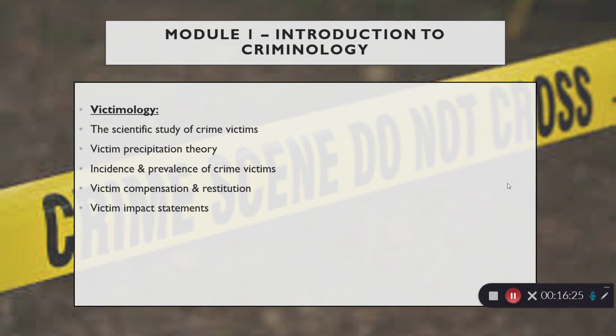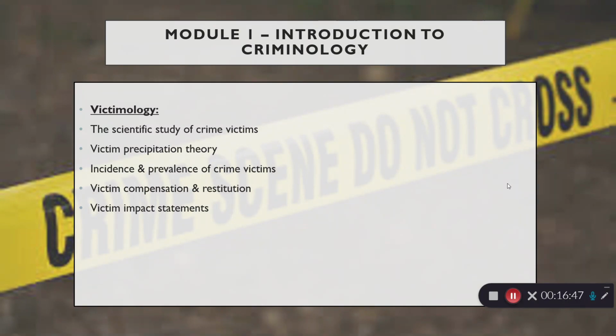And as you read the chapter, I really want you to think about that, because there's often a lot of controversy when it comes to this idea of somehow blaming the victim for being victimized under certain circumstances. I want you to think about that as you read about the victim precipitation theory.